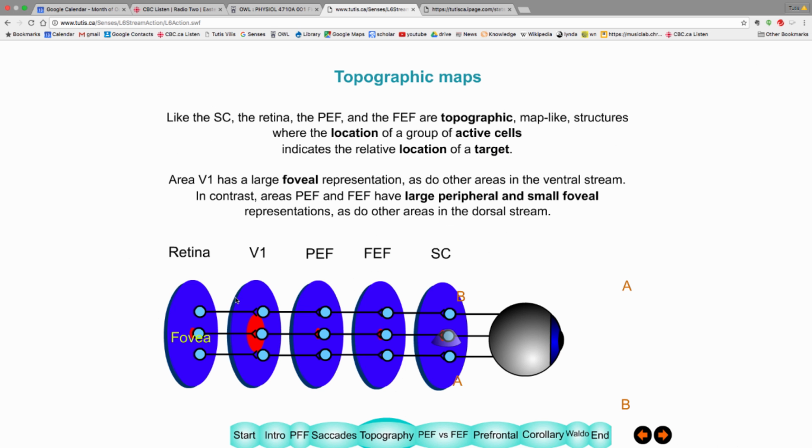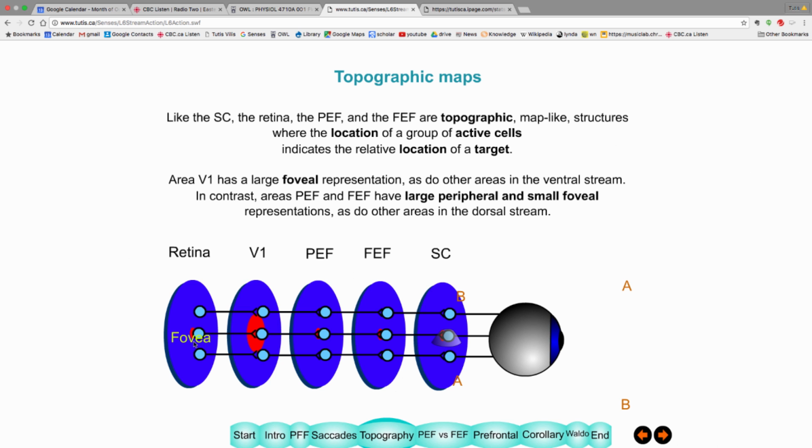Now, all these structures that we looked at, the retina, V1, you can all consider them as topographic maps. So they code locations in space. We saw the fovea.